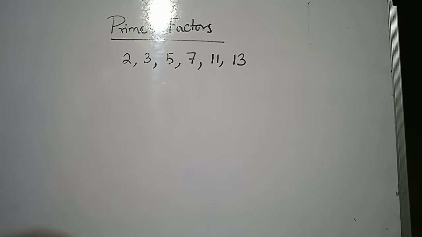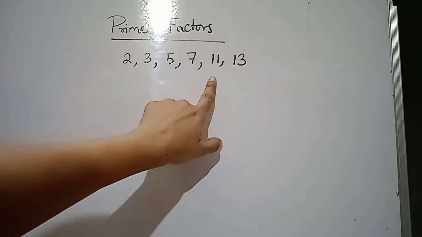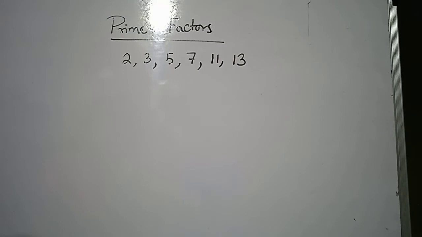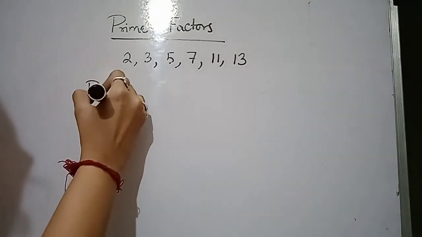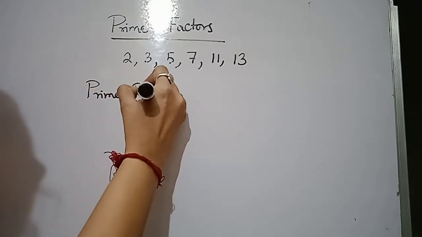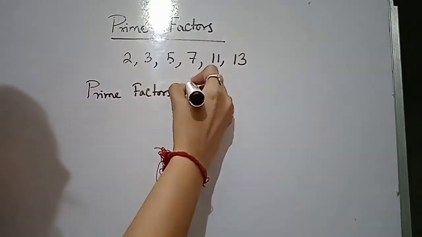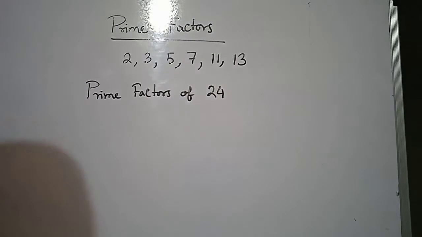Now if I want to find the prime factors of some number, that means we have to find the factors which are prime numbers. That means we have to divide the number using these prime numbers. So suppose I want to find the prime factors of 24. How can we find that?